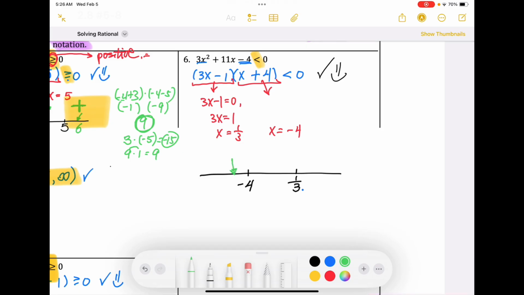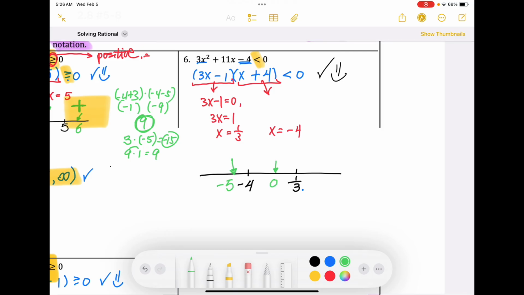So now I gotta check it, check it, check it. So pick some number less than -4. Now, why don't I pick -4? Because -4 already served the purpose as a critical value. It's right there. Now I'm going to pick something else to verify my outcome. Okay, so less than -4, can I pick -1000? I'll just pick a close number, -5.